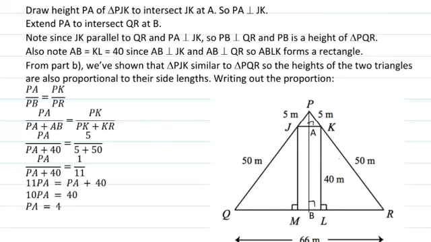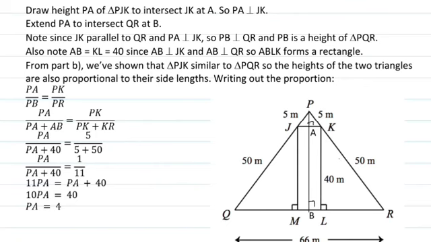Now, since JK is parallel to QR, and PA is perpendicular to JK, it follows that PB must be perpendicular to QR as well, because PA and PB are the same line, and JK and QR are parallel to each other. So we know that PB is indeed a height of triangle PQR.